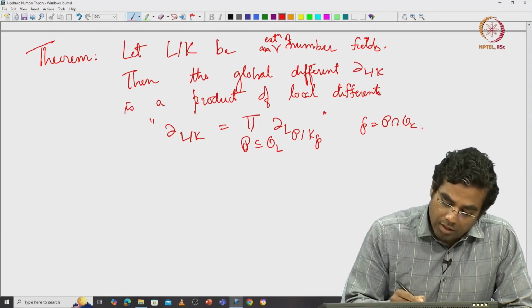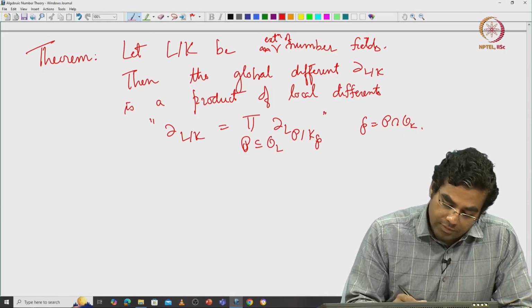So, how do we interpret this formula? I said this last time.